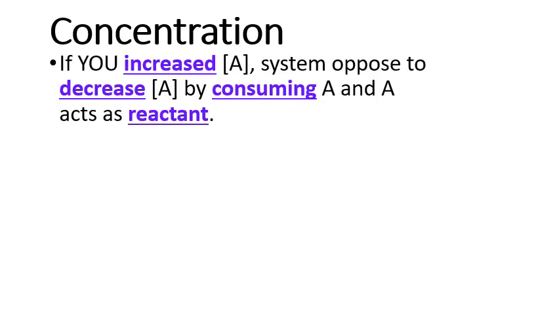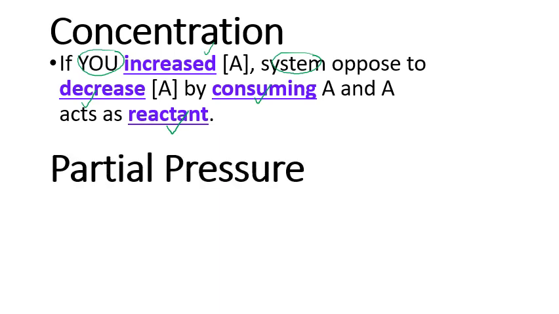Now let's look at how the factor of concentration will affect the equilibrium position. If you increase the concentration of A, the system is going to oppose it by decreasing the concentration of A. So when the concentration of A is decreased, it means the system is going to consume A, and A will react as the reactant. Another factor which is quite similar to concentration is the partial pressure.